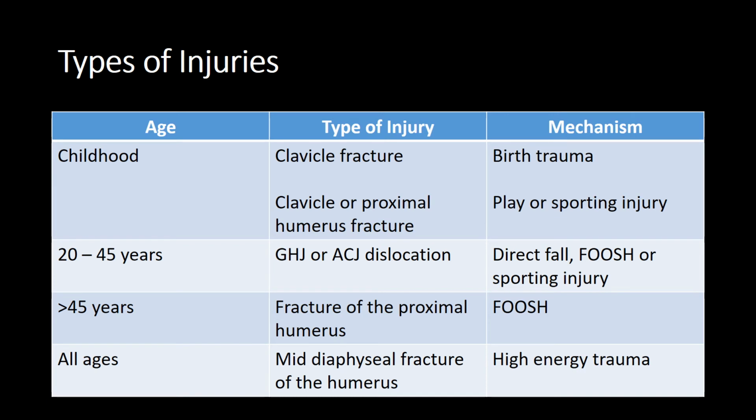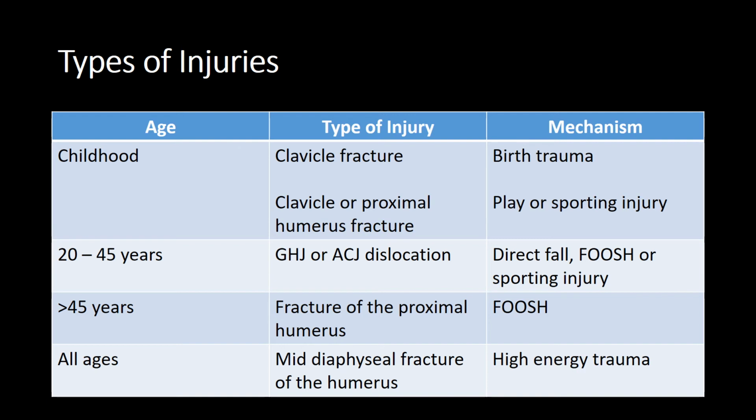Adults between 20 to 45 years of age are more likely to sustain a glenohumeral or an acromioclavicular joint dislocation. These are normally caused from a direct fall, sporting injury, or a fall onto outstretched hand.